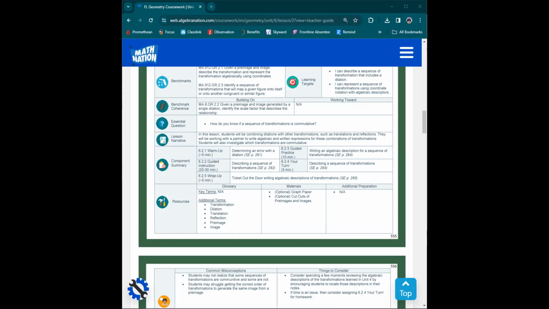My point of dilation is the origin, and my algebraic description is going to be x comma y goes to 1/2 x comma 1/2 y, with the 0, 0 center of dilation, point of dilation. They're like the same thing. Okay, so that's that one.